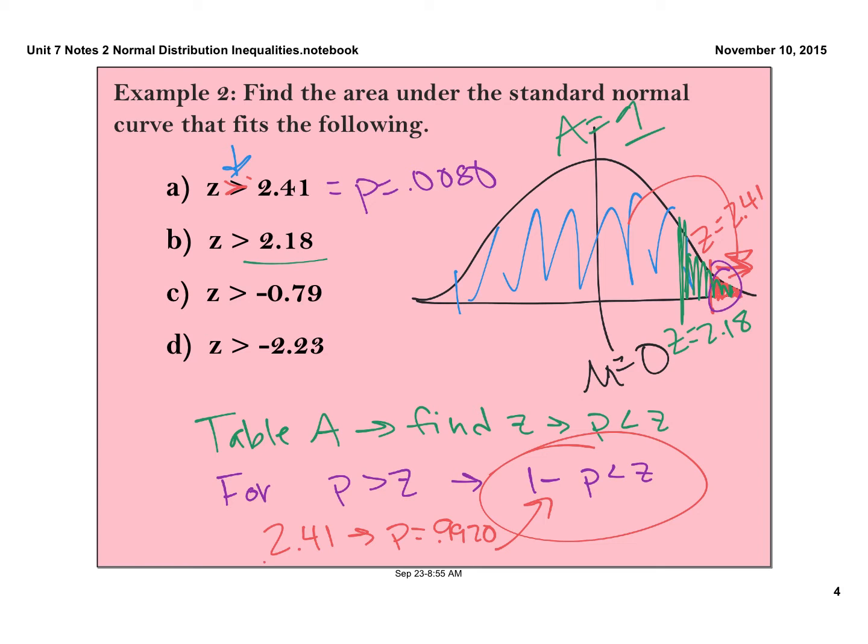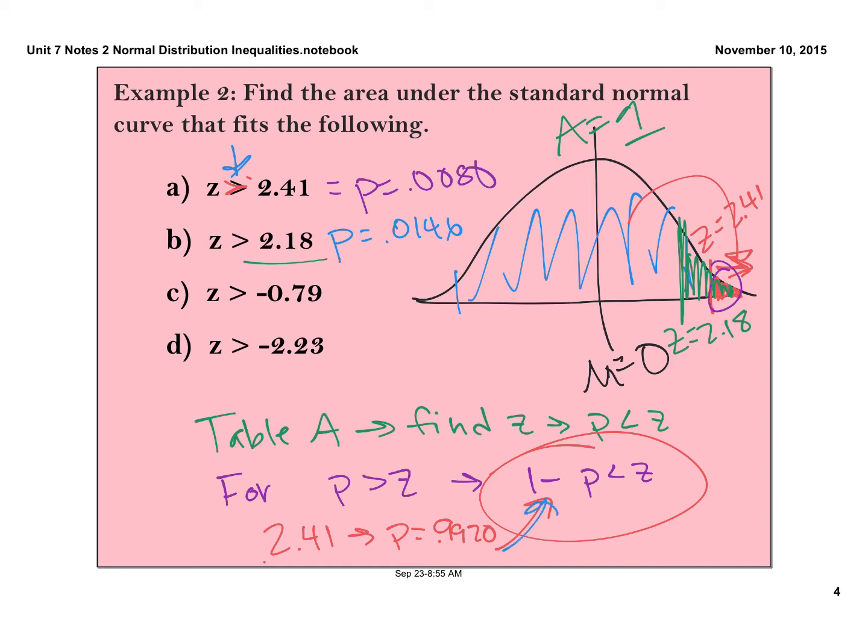Measured to the left is 9853. And if I take 1 minus that, I get 0.0146 for a probability there. So my probability is 0.0146. So again, I went to the table, I found the probability, and then I took 1 minus.